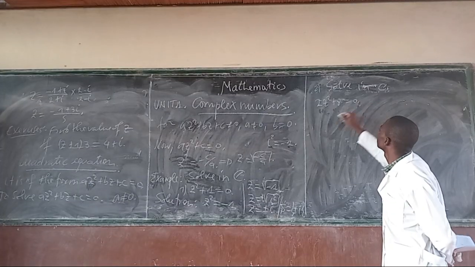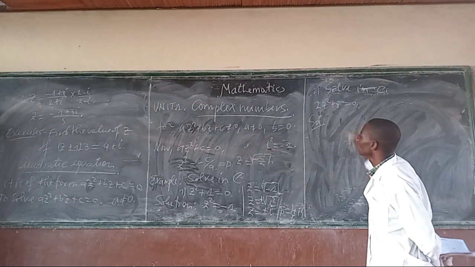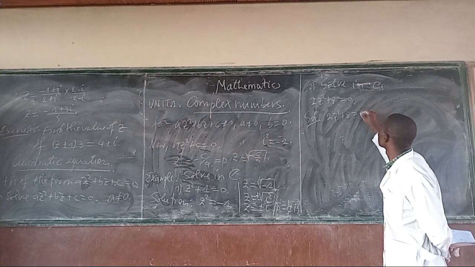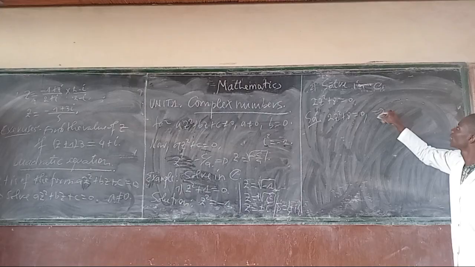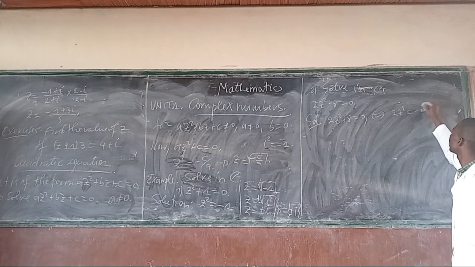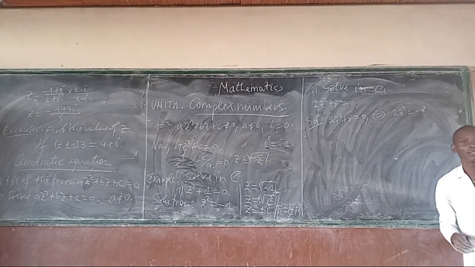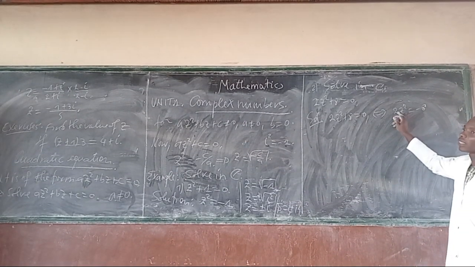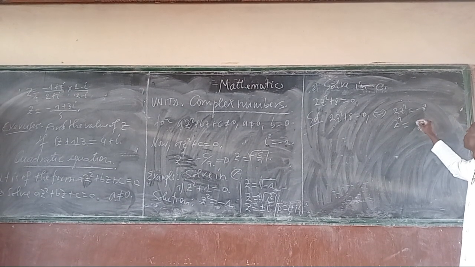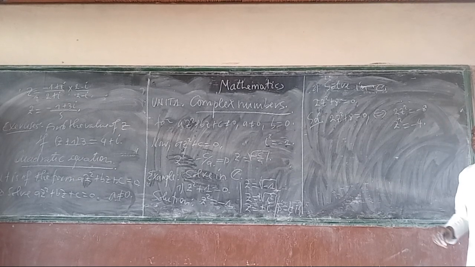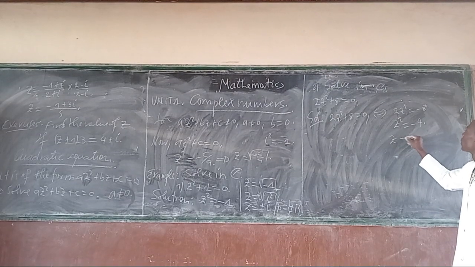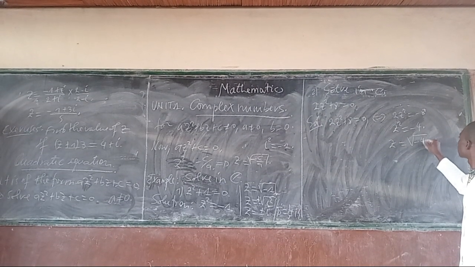This implies that 2z squared plus 8 is equal to 0, which is equivalent to 2z squared equal to negative 8. You can divide both sides by 2, so z squared is equal to negative 4. Finally, z is equal to the square root of negative 4.